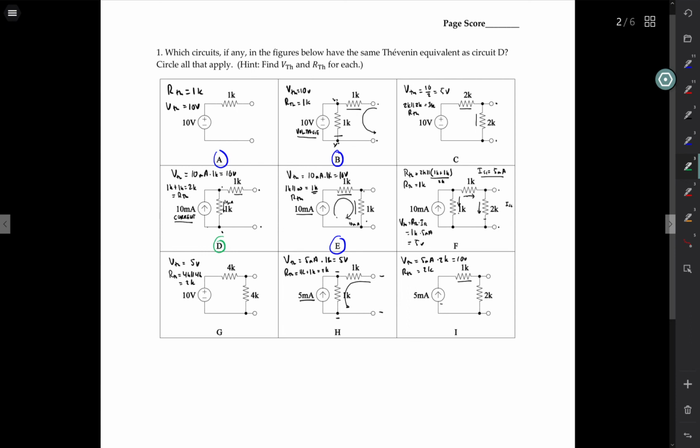So here and here are the same. I have a 5 volt and a 1K, so that's going to be 5 volts and 1K, 5 volts and 1K. And then finally, we've got 5 volts and 2K, 5 volts and 2K. So those are the ones that are all the same.